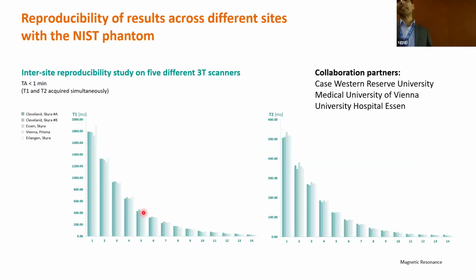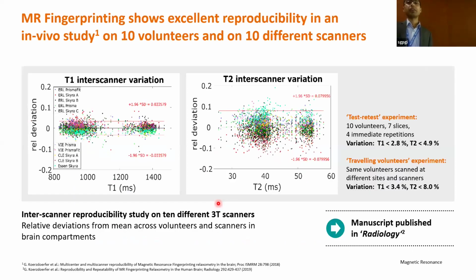Similarly, it was tested across different scanners, and again the similarity between the data generated, using the NIST phantom, correlated significantly. There was very little variation among the different scanners using the same technique.